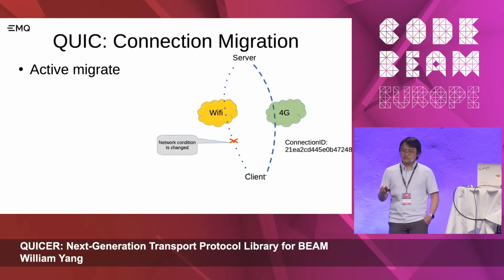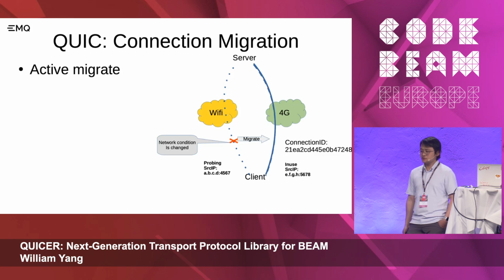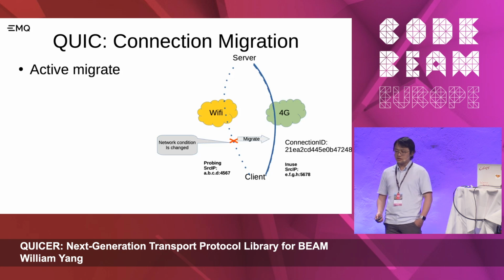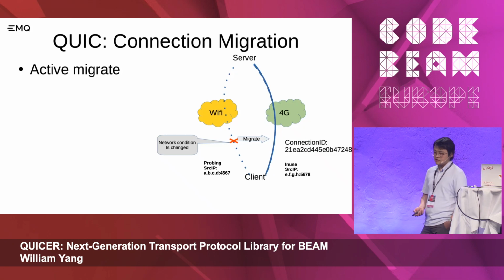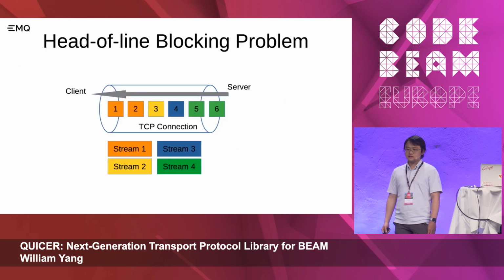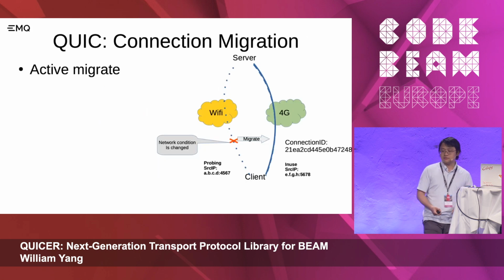For example, if we have some problems on the Wi-Fi network, the client can just switch to use the 4G network. In this case, the IP address is changed, but the connection ID is not changed. So to the host and the client, it's just a very smooth migration. And sorry, this is active migration. We also have unintended migration, which is similar.